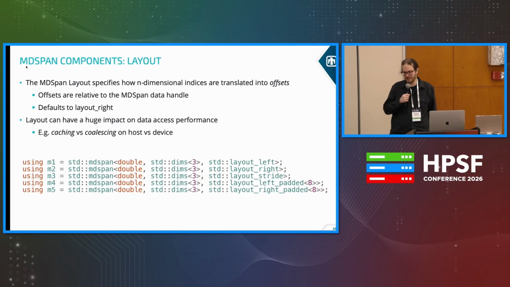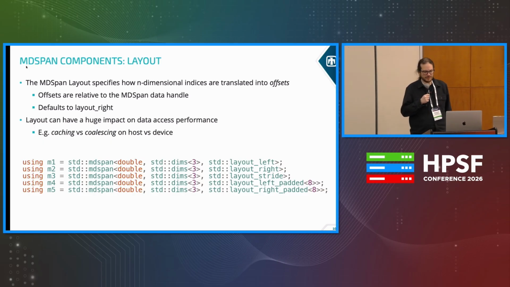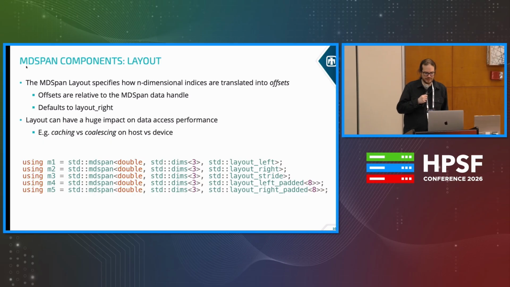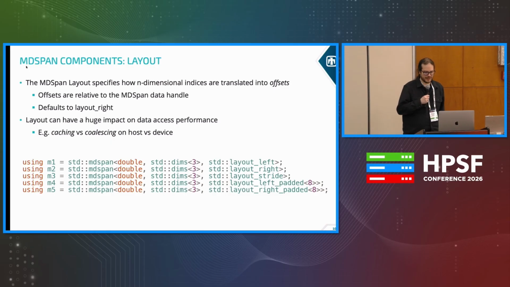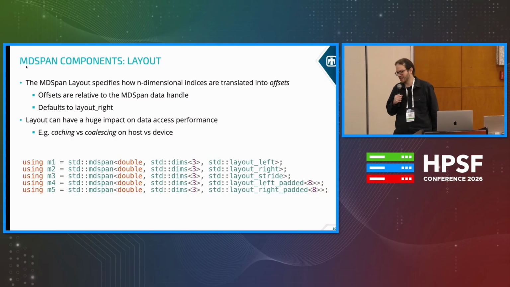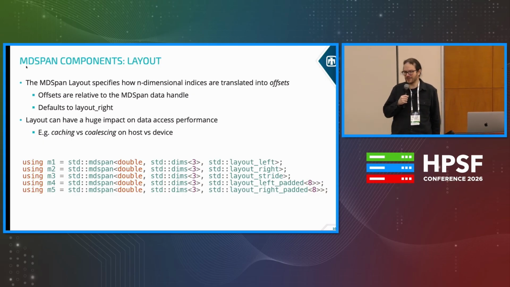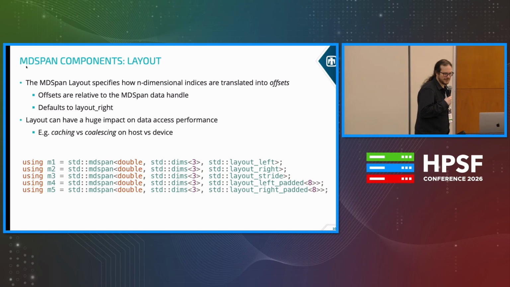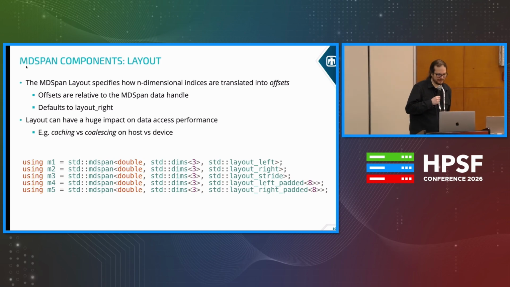The layout defaults to layout right, which is the most efficient access on the CPU. But we have a few different layouts there: layout left, layout right, layout stride, left padded and right padded. If you are familiar with Kokkos, these might look very similar, and that's because they were inspired by Kokkos.